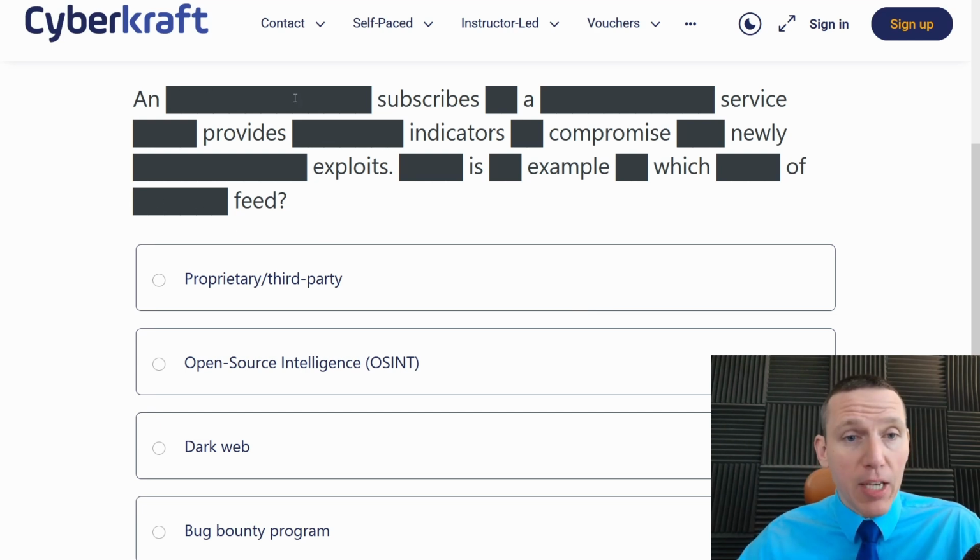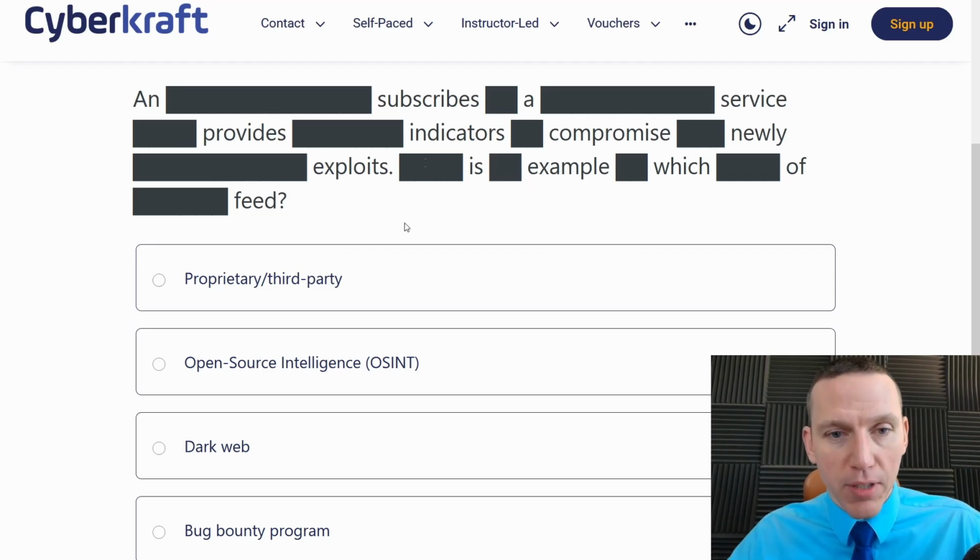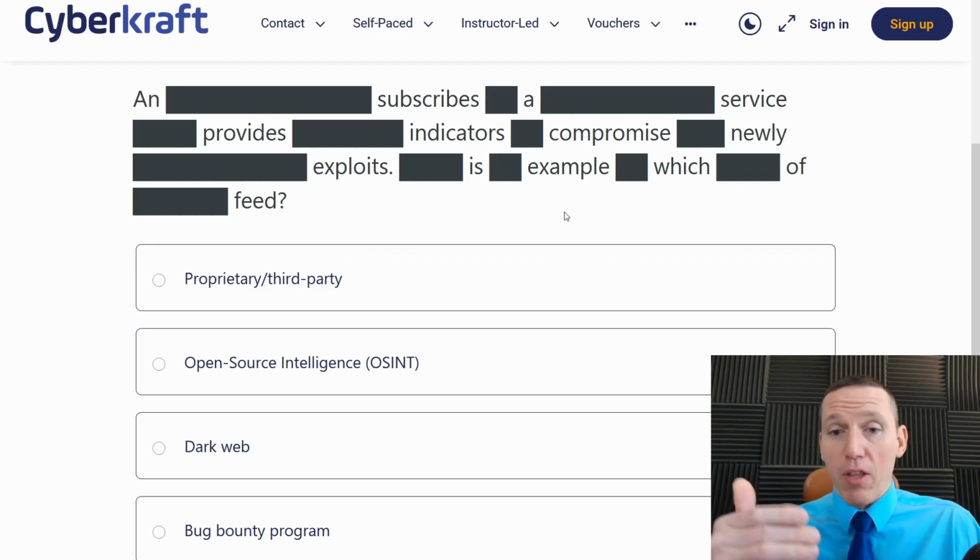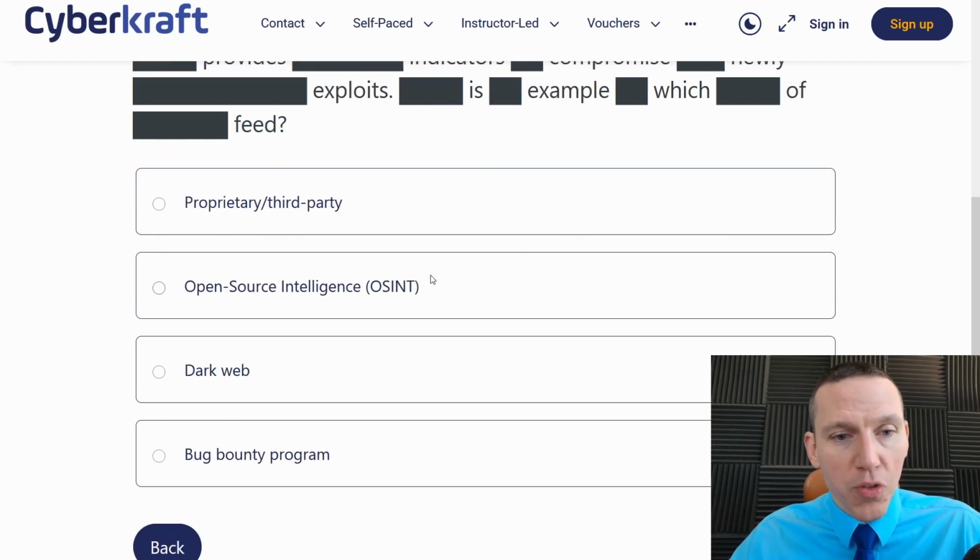Okay, so like a company or organization, probably organization. Organization subscribes to a threat feed service that provides indicators of compromise to newly discovered exploits. This is an example of what type of feed? That would be a threat feed or open source intelligence, OSINT. Yeah, very good.